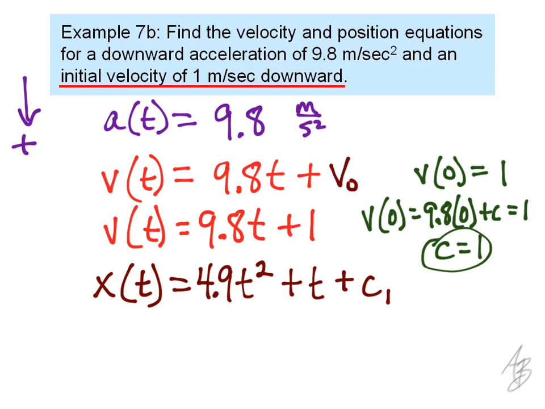So v naught, and then this constant C1 is the same thing as the initial position, so that would be x naught. So this v sub 0 just means the initial velocity, this x sub 0 just means the initial position. We don't know what the initial position was in this problem, so we'll just leave that in there. Anything else we have to do for this one? Does this make sense?